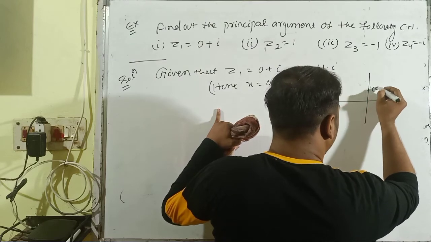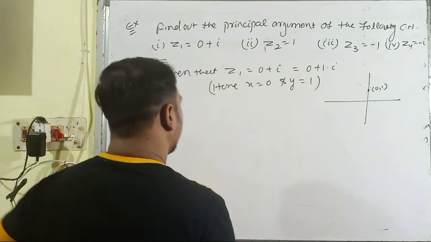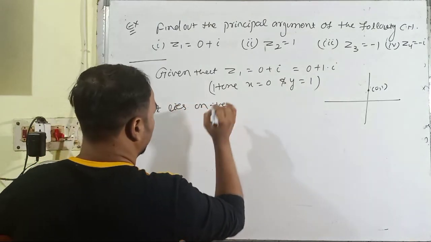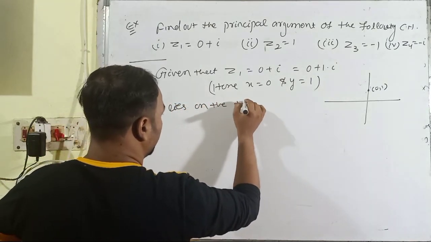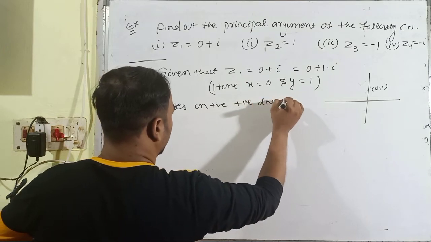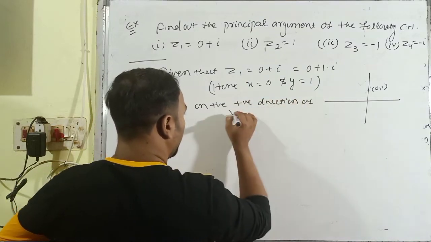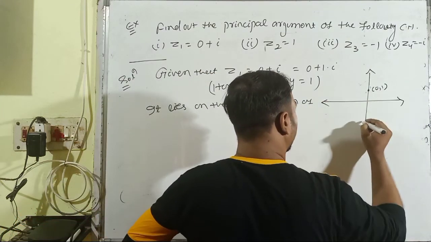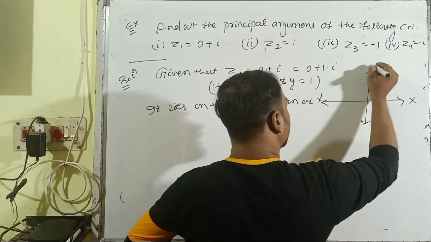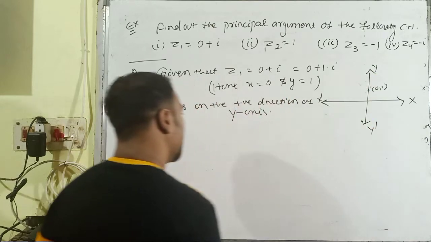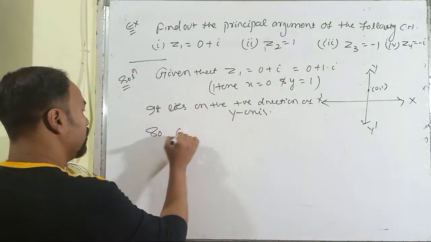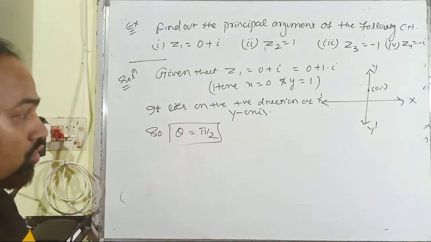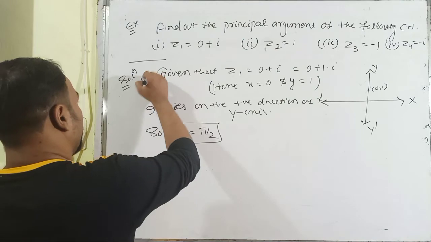Here it is (0, 1). So theta is equal to pi by 2. Directly you can write down theta is equal to pi by 2, and it is the solution of the first.